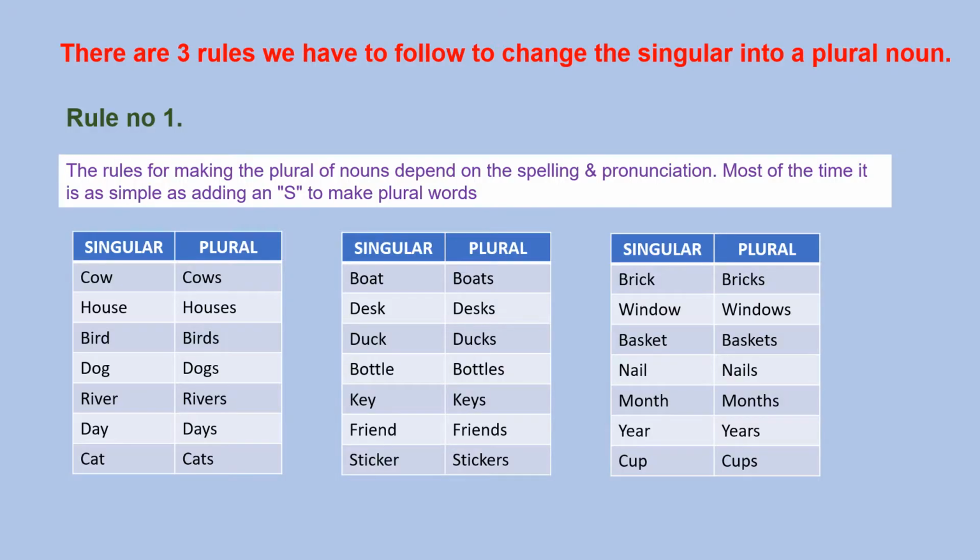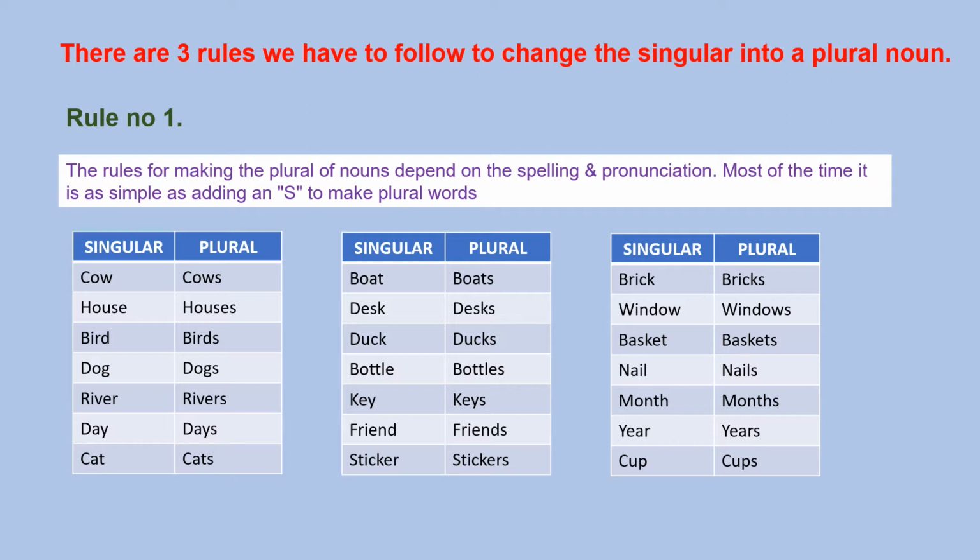There are three rules we have to follow to change the singular into plural nouns. The rules for making plural nouns depend on the spelling and pronunciation. Most of the time it is as simple as adding s to make plural words.